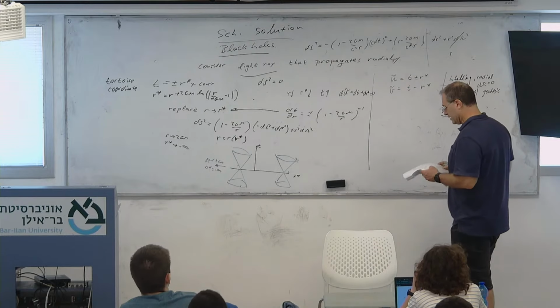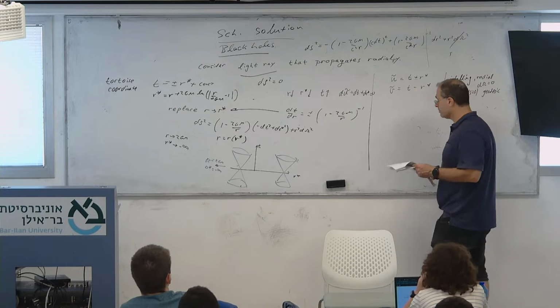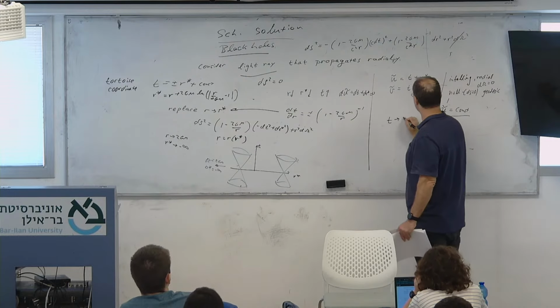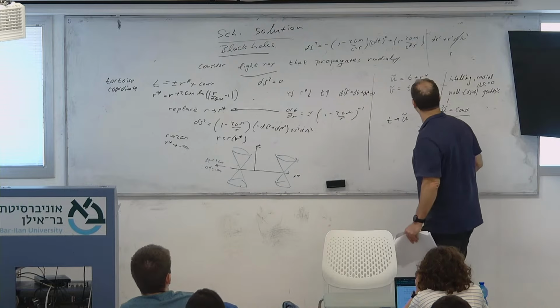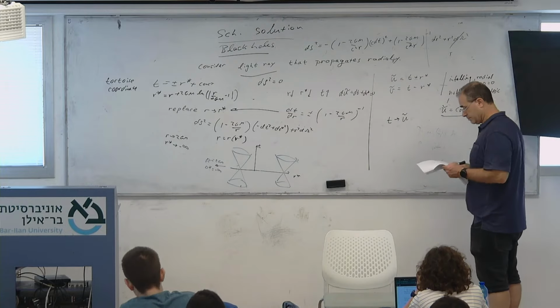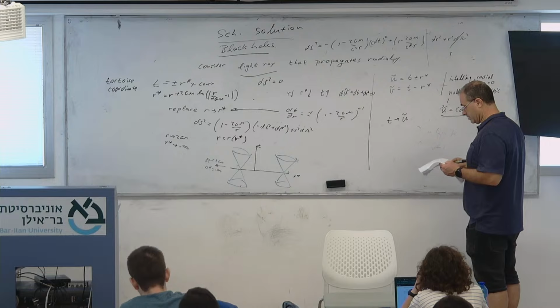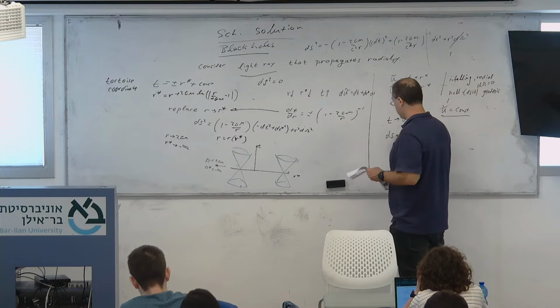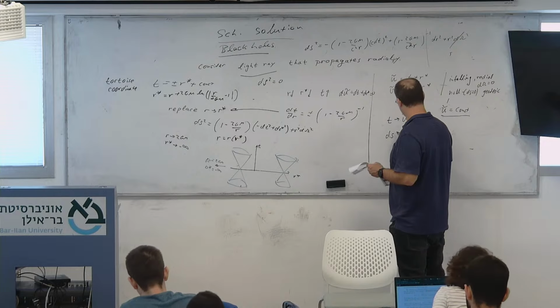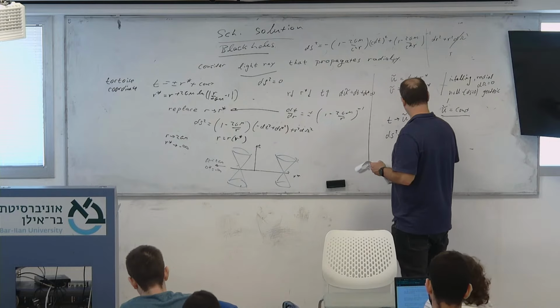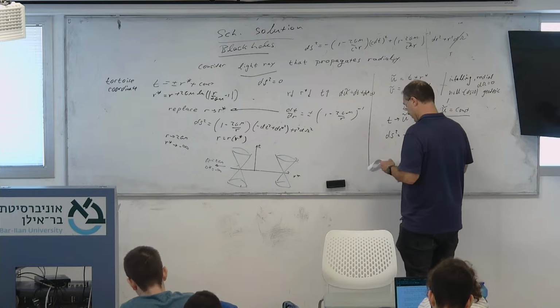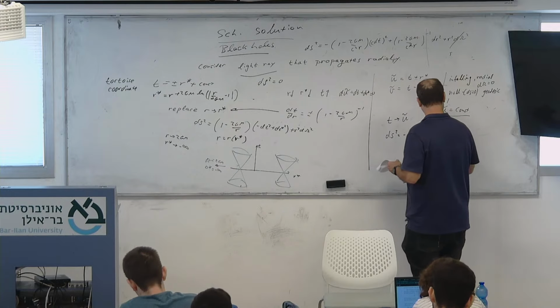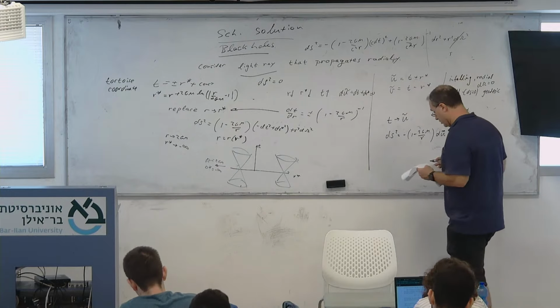So the next step is to replace t with this new coordinate u tilde, and then we write the metric: ds squared is minus (1 minus 2GM over r) du tilde squared.